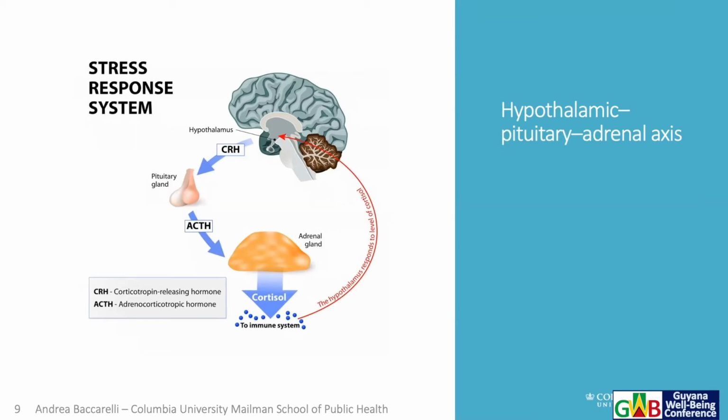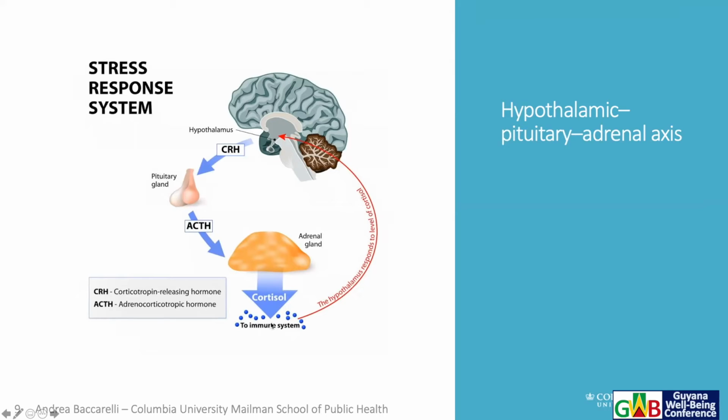And this is tightly regulated. We have a diurnal cycle where cortisol is up in the morning and goes down in the evening. And also, we are always ready to pump lots of cortisol in our system should we need it in case of stress. And of course, there is a feedback of cortisol.